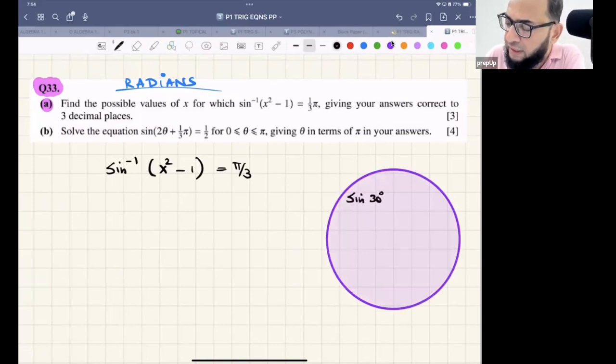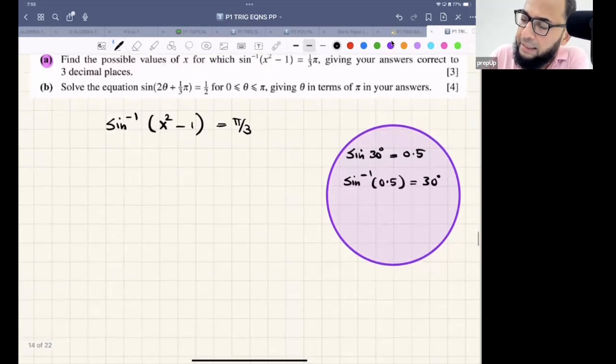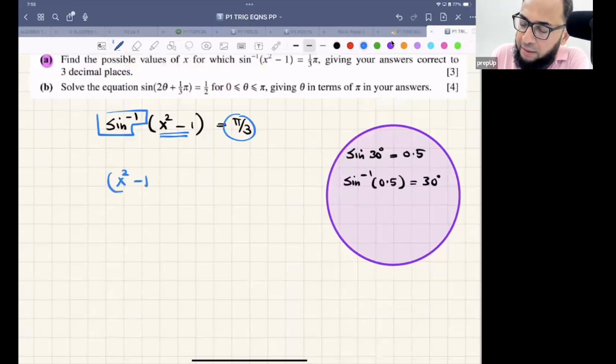If sine of 30 equals 0.5, therefore sine inverse of 0.5 will give me 30 degrees. Very simple. That means if sine inverse of this thing is this angle, in other words, x squared minus 1 is sine of pi by 3.